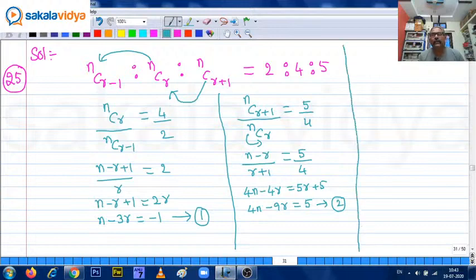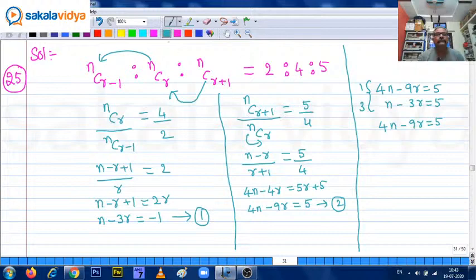Right, so now 4n minus 9r equals 5, and n minus 3r equals minus 1. Multiply the second by 3: 3n minus 9r equals minus 3.